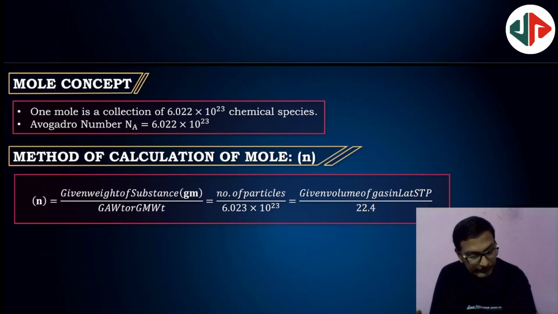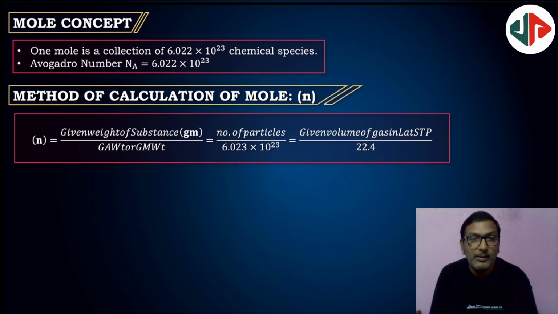Next, mole concept. That means about mole. So, 1 mole is collection of Avogadro's number of chemical species, that is 6.022 into 10 power 23 chemical species.